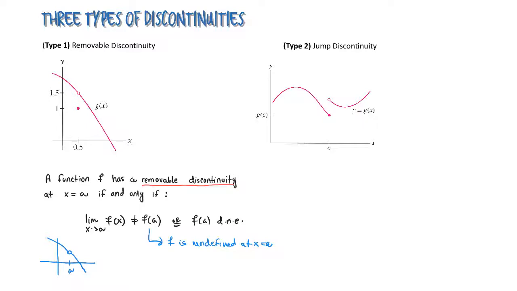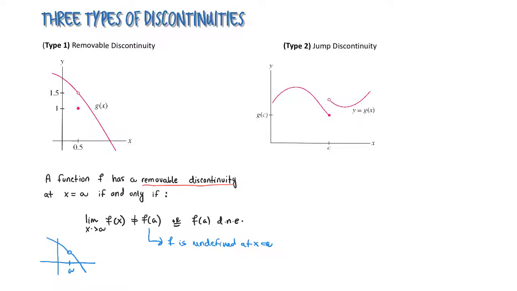There is no connection at all between the left part of the graph and the right part of the graph. So why don't we go ahead and put that nicely into a statement. We will say that a function g, and I'm going to be using g here because this is what I see on the graph, but it could be f, it could be h, these are just variables. And instead of a, I am going to be using c.